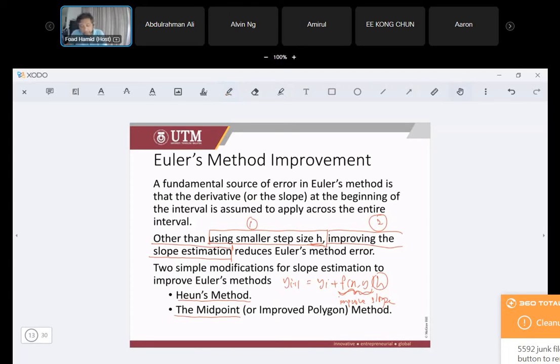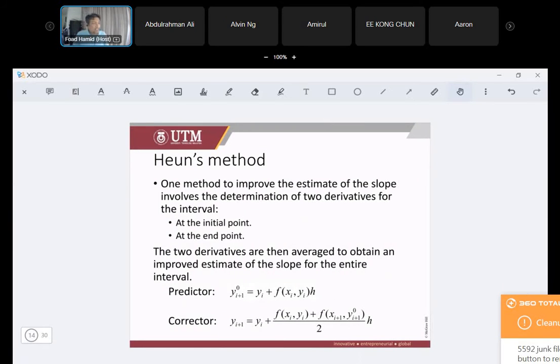These two are basically trying to improve the slope estimation, to make our slope approximation better. So let's see how Heun's method and the midpoint method improve the slope estimation.